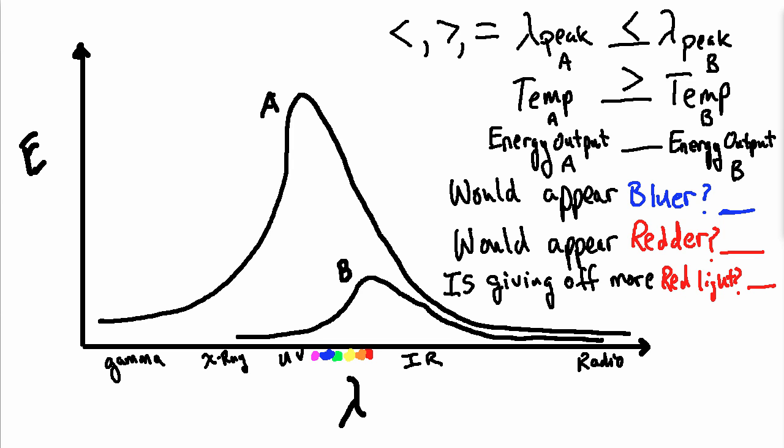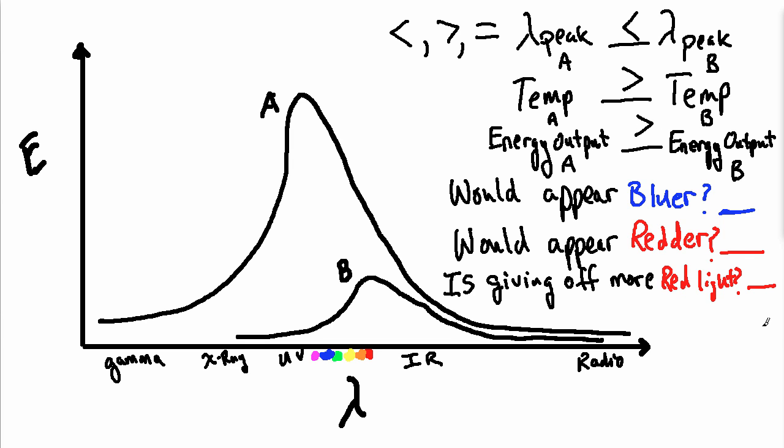With regard to the energy output, the light curve for A indicates that it is giving off much more energy at all wavelengths than object B is. So the energy output for A is much greater than the energy output for B, and that is just represented by the height of the curves that are drawn for each object.